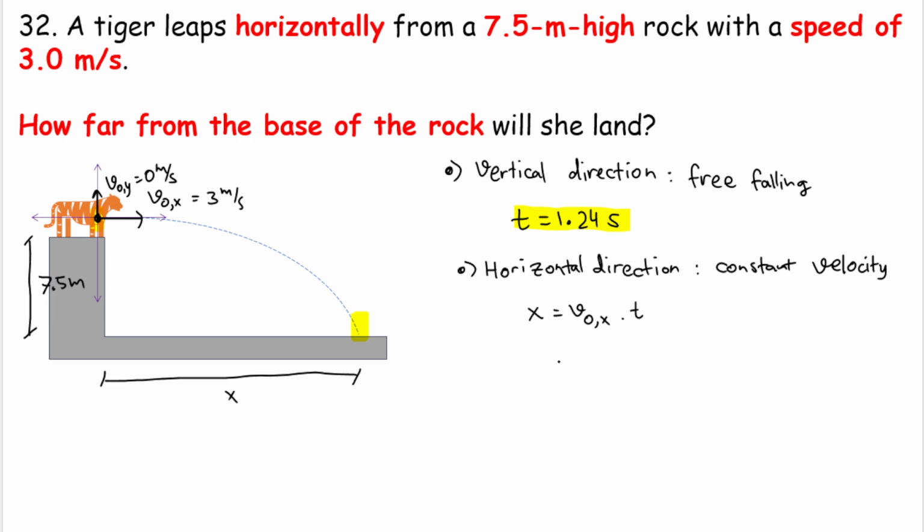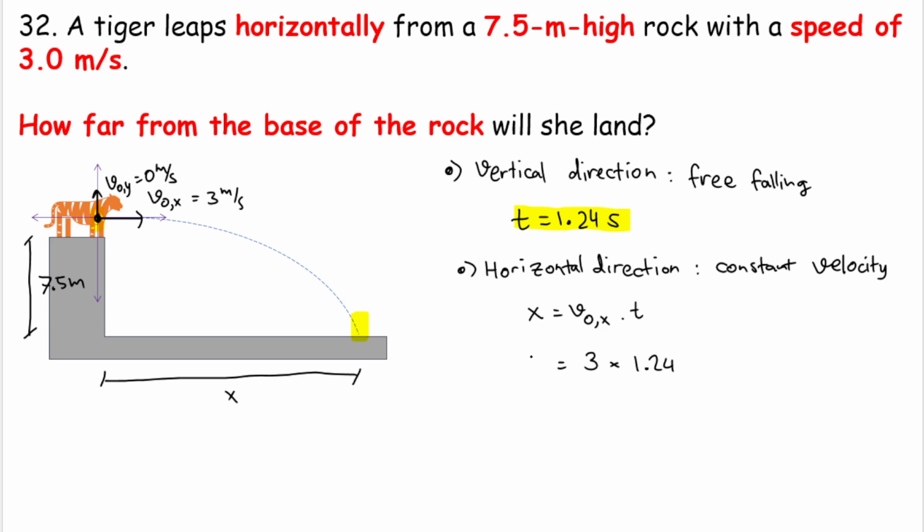So we will have this one here, v0x is 3 meters per second, and the t is the same, right? Because it is vertical and horizontal, we will have 1.24. So I will have 3 times 1.24 seconds. I think I just did not write the unit first.